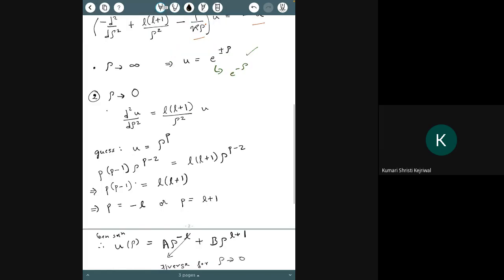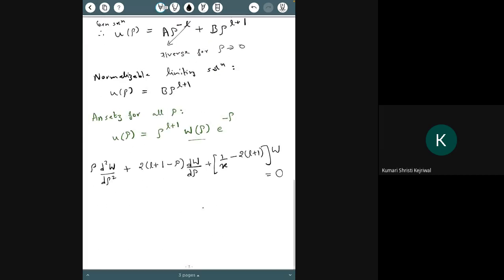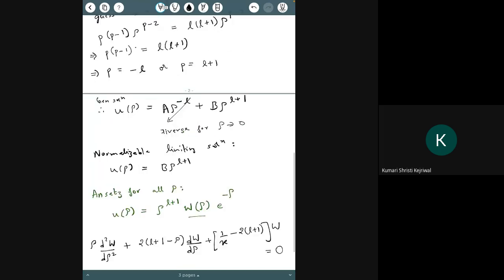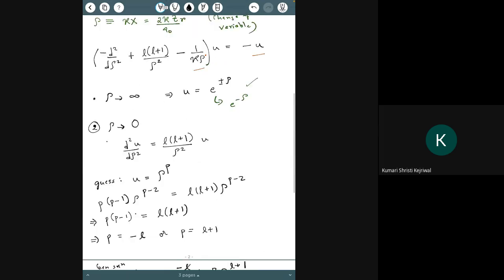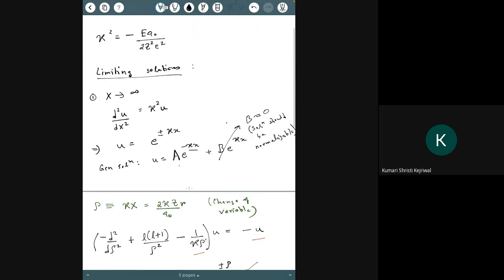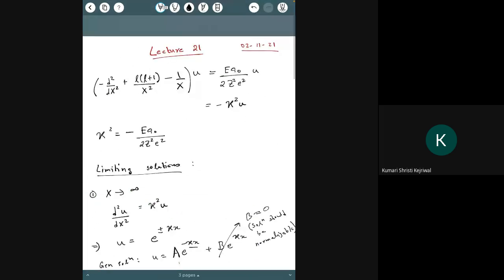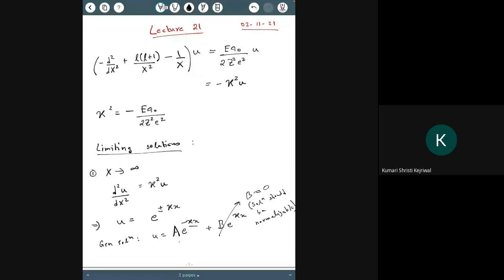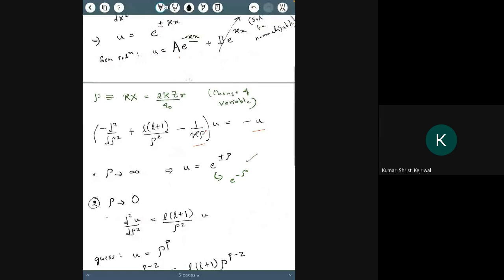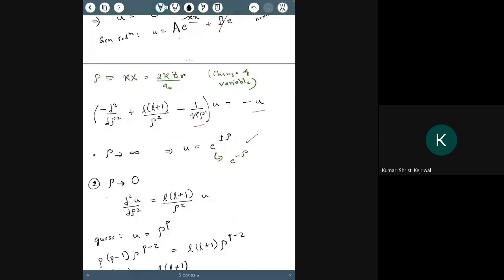Ma'am, in which equation are we exactly substituting the value of u? Here, this is in the original one, before anything else. This is right at the beginning. So in the first one, no, sorry, after we substitute the ansatz. So in this one. This is the full equation.